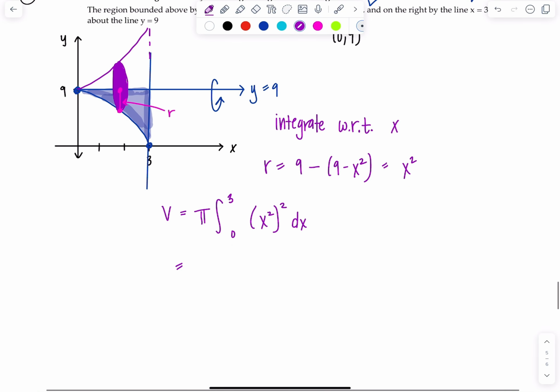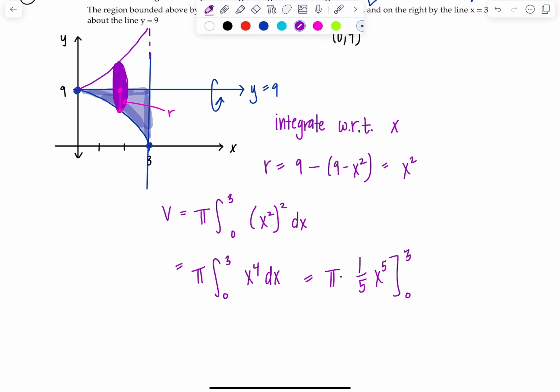So this is pi integral 0 to 3 of x to the 4th dx. This is going to be pi times 1/5 x to the 5th, evaluated from 0 to 3. 3 to the 5th is 243. So we have 243 pi over 5. Lower limit 0 just gives us 0. Done and dusted.